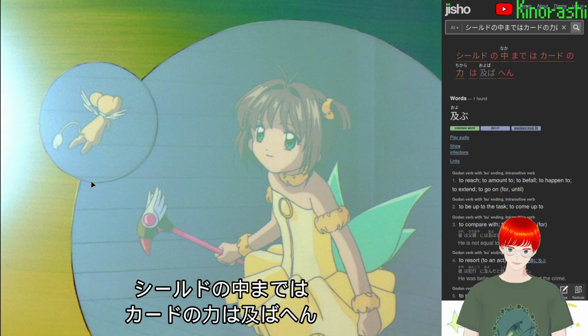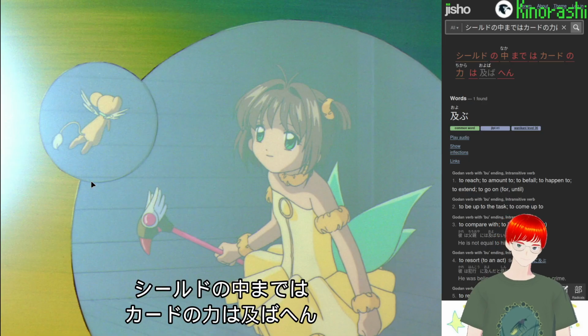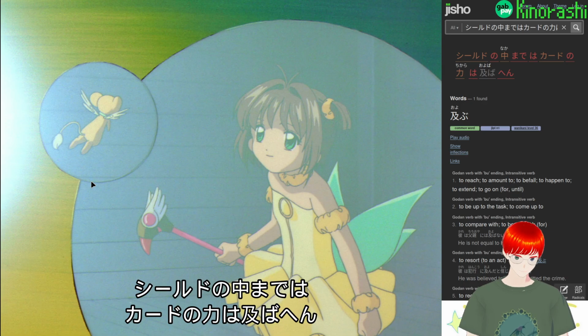Okay, so from oyobu, oyobahen. Shield no nakamade wa kaado no chikara wa oyobahen.